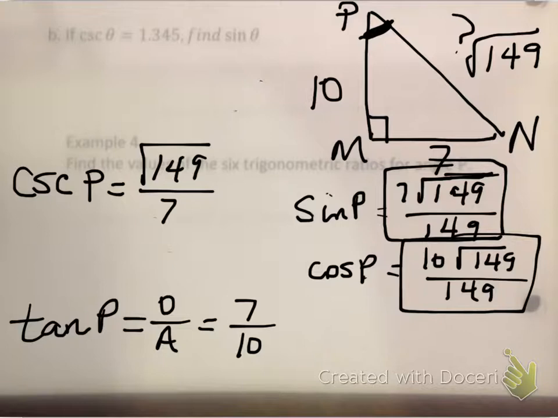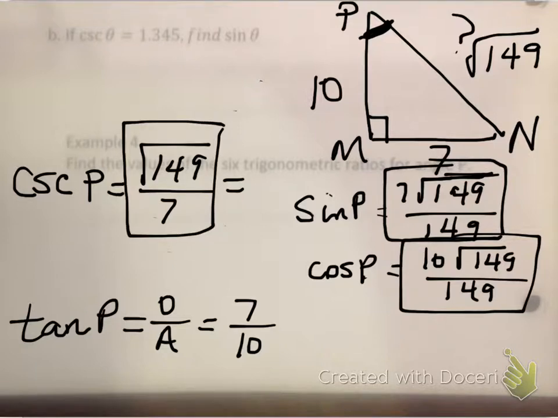It's better to go back before you got rid of the rad, just because you get rid of it and put it on top, and then when you flip it, it's back on the bottom, and you're back to having to get rid of it again. So it's better to go back. Okay, so I'm going to simplify it, and it doesn't simplify because 149 doesn't simplify. So that is your answer.